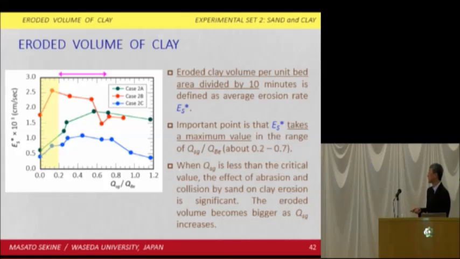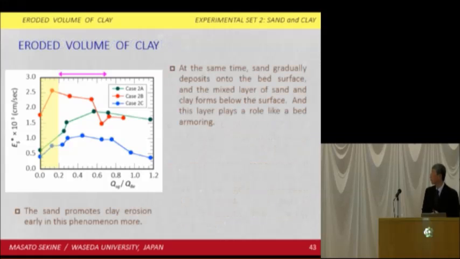When QSG is less than the critical value in here, yellow portion, the effect of abrasion and collision by sand on clay erosion may be significant. The eroded volume becomes bigger. The sand promotes clay erosion more in the early phase of this phenomenon.